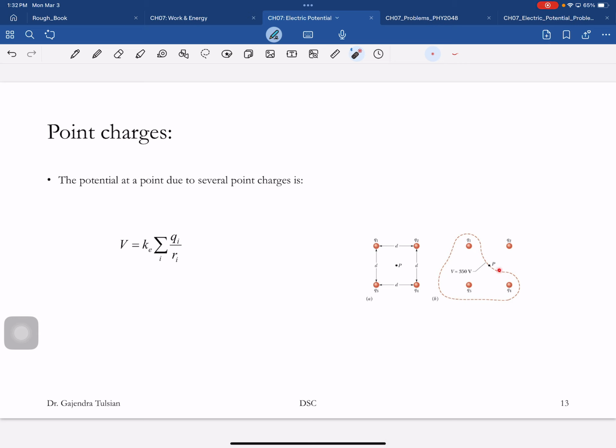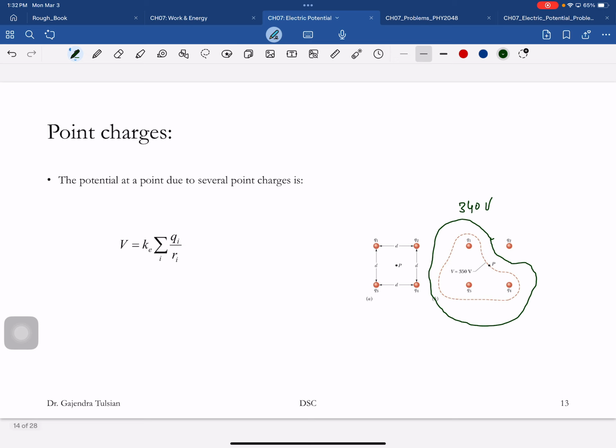So that's an equipotential surface. Now I'm going to make up another equipotential surface. I'm not sure if this is correct, I'm just making it up. Let's say this is a 340 volt surface.